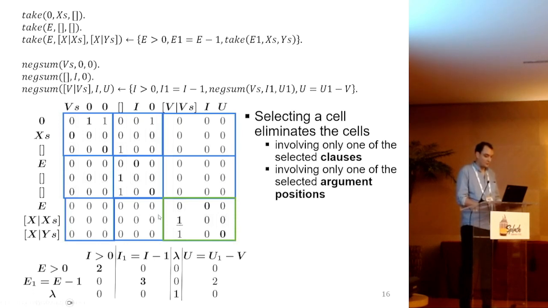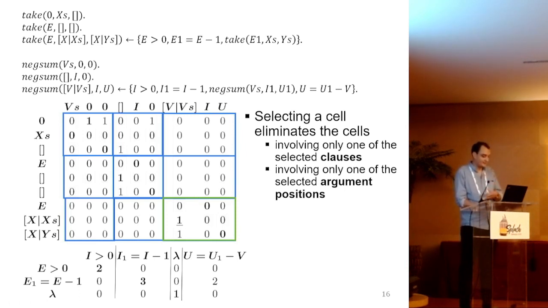And so we eliminate these two rectangles and these two. And we also eliminate all the cells where the second argument of take is mapped onto another than the first argument of next sum.